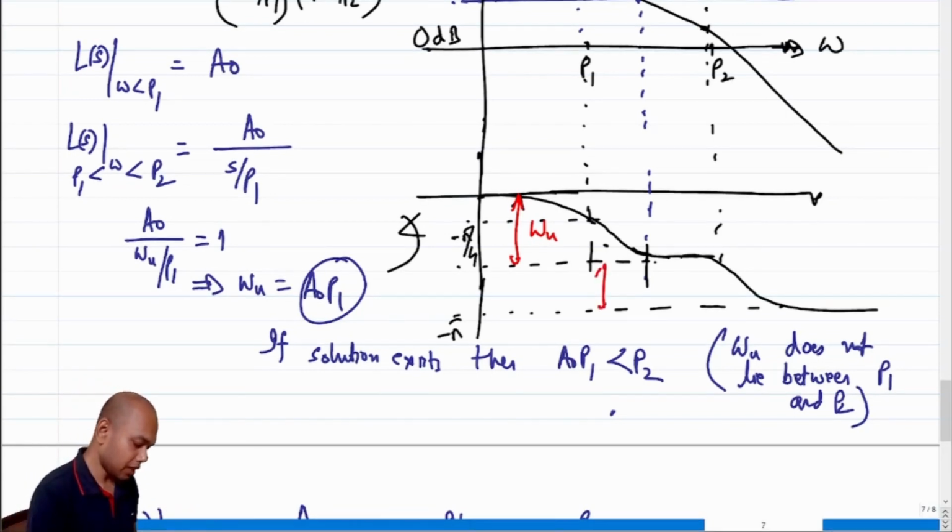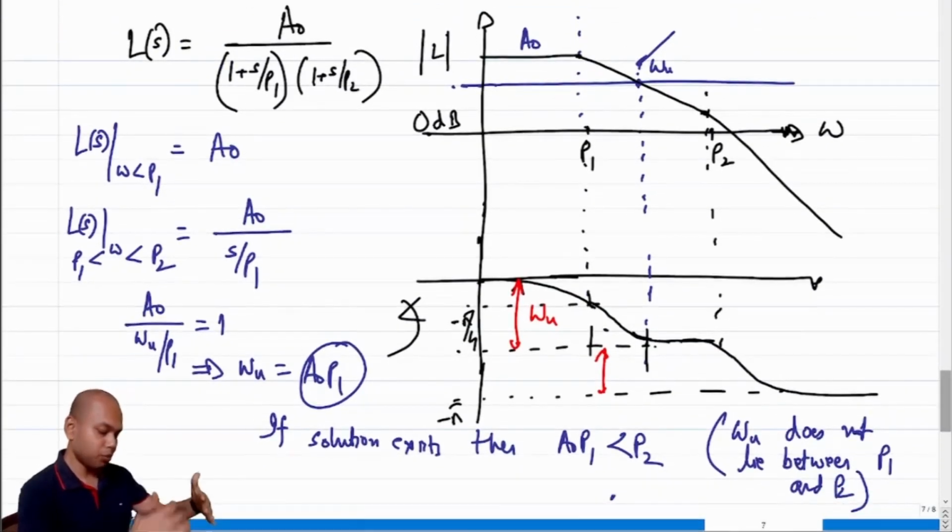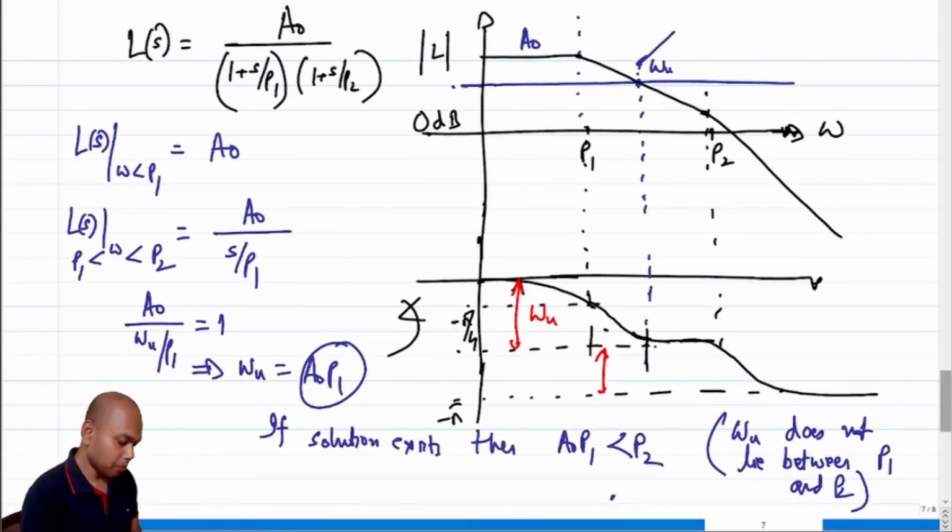I have this much of margin, before which, if I keep the magnitude plot identical and I push the phase plot down by this much amount theta, then at omega U I will be getting a phase of 180 degree also. That is, I will be cutting that -10 point, and that is unacceptable, right?